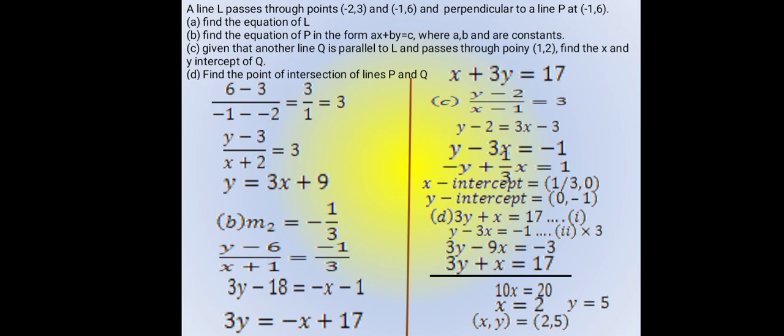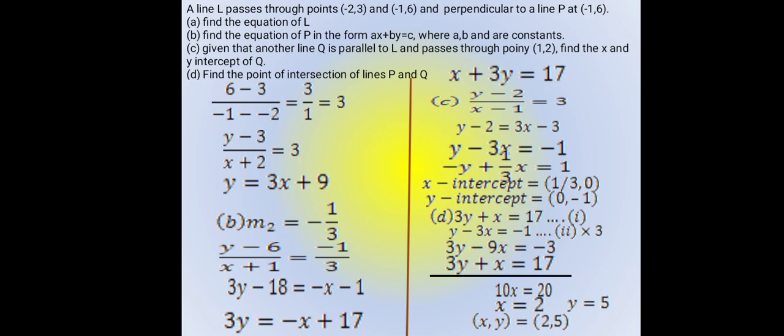Now for the first line, which passes through points (-2, 3) and (-1, 6), we should find the gradient. The gradient is change in y all over change in x. So we have change in y 6 minus 3, change in x -1 minus -2. We get 3 over 1, which is 3.